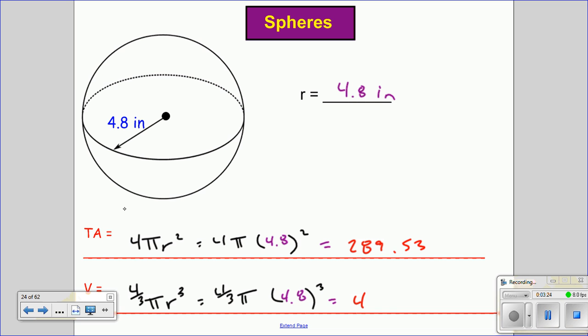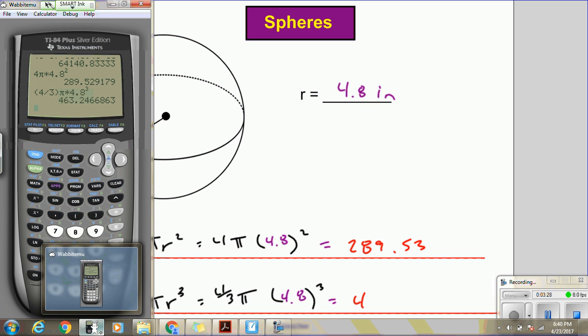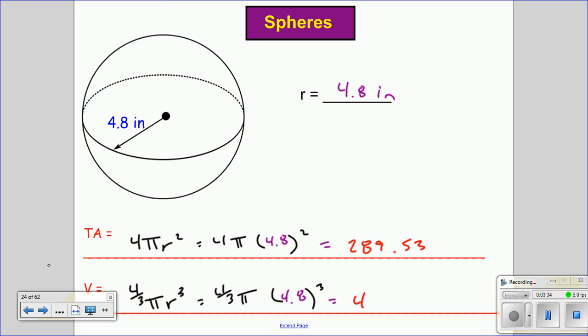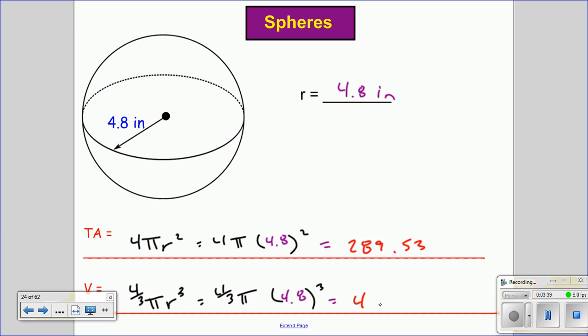I wish the calculator could stay on the screen. 463.25. And our units for area would be inches squared, and for volume, it's inches cubed.